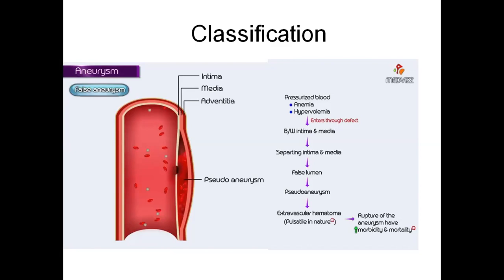It may cause the separation of intima and layer of media, leading to the development of a false lumen that is known as pseudoaneurysm. This separation of the two layers of the vessel wall leads to extravascular hematoma, which is pulsatile in nature because it reacts according to the pulse pressure present in the vessel. And this may in turn lead to the rupture of the aneurysm, which increases the morbidity and mortality of the person.